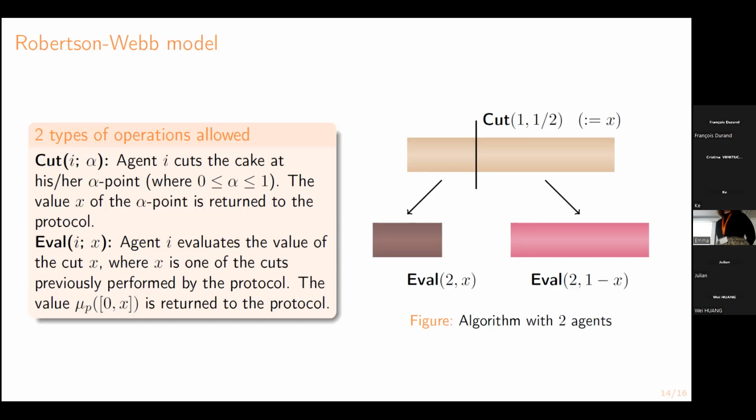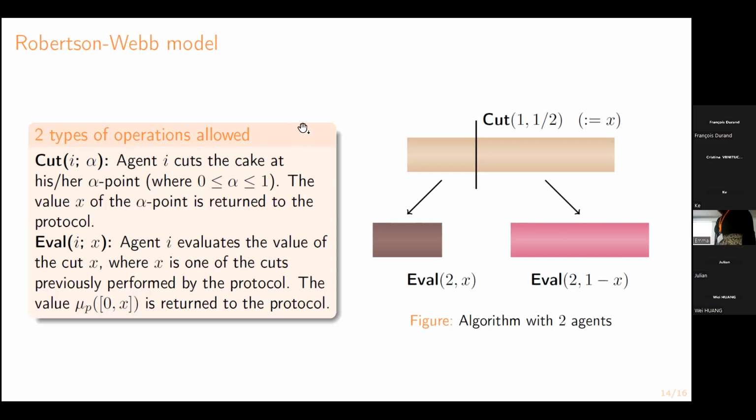Okay. So actually for this one, it should be 1 minus the evaluation of 2 at x. The eval, we assume, basically looks up the CDF measure. Yeah.